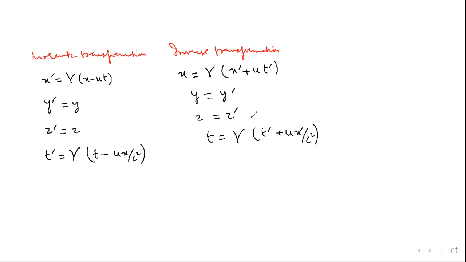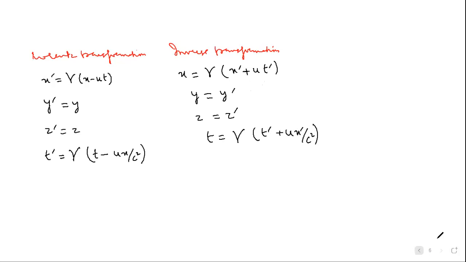Check them. X is gamma times x prime plus ut prime, y is y prime, z is z prime, t is gamma times t prime plus ux prime by c square.